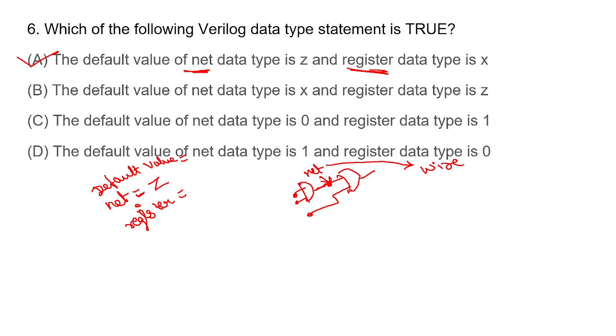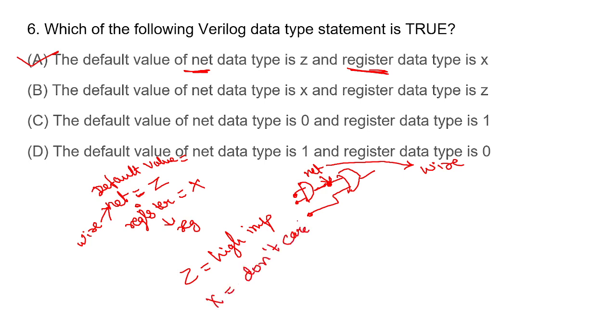Register is for storing, and the default value is x, don't care. Z indicates high impedance state, and x denotes don't care, so the value can be either 0 or 1.